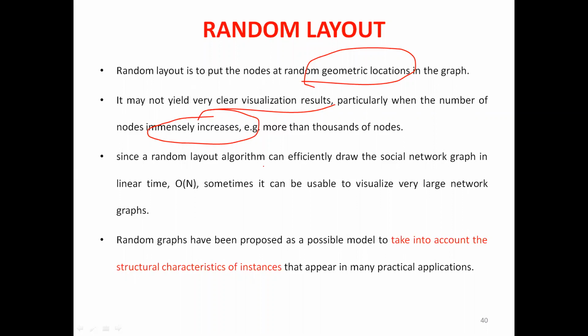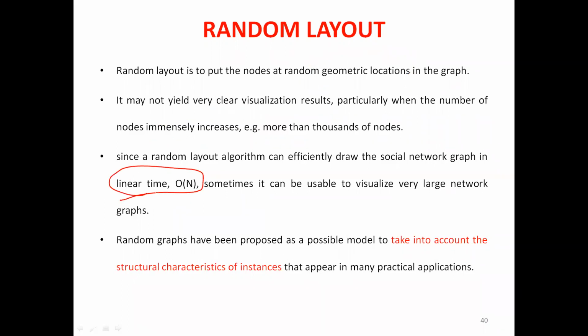A random layout algorithm can efficiently draw the social network graph in linear time. We have seen the disadvantage: as nodes increase, we cannot visualize properly. But the advantage is the linear time. When the number of nodes increases, it takes that much amount of time to display the visualization.